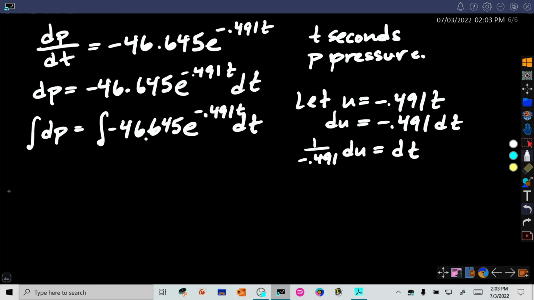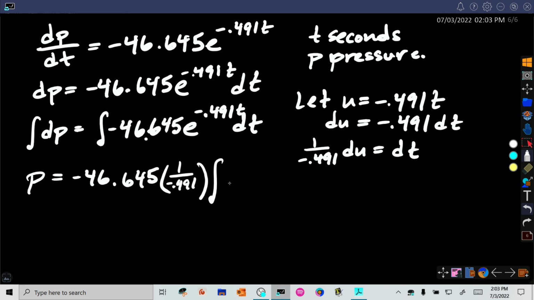On the left, this is going to equal P. There's no substitution necessary. Then I've got a minus 46.645 times 1 over minus 0.491 integral e to the u du.